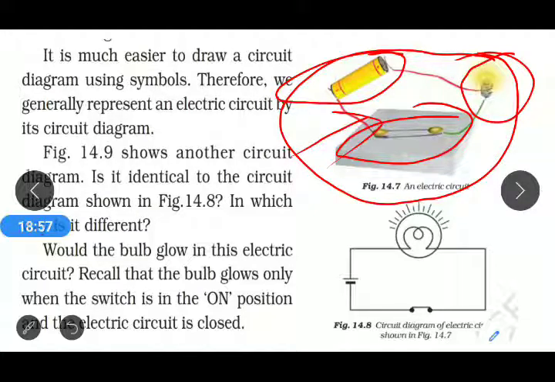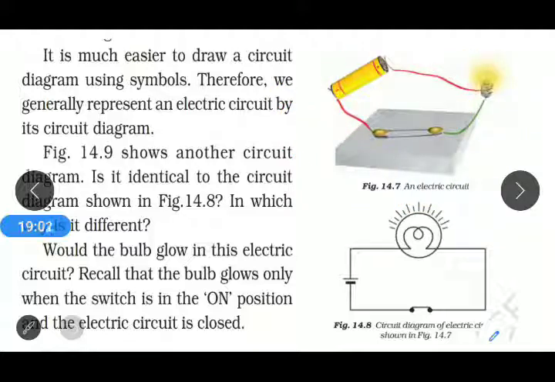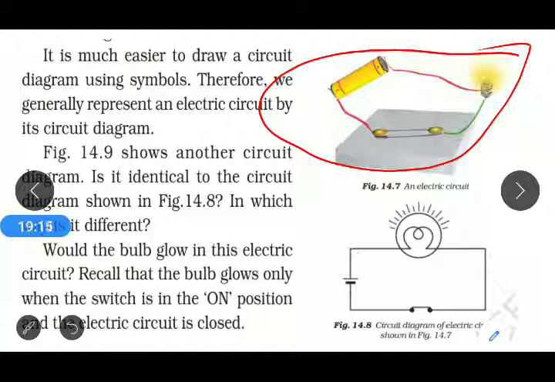That means these are the basic requirements to form an electrical circuit. Now we want to make the circuit in such a way that we can represent all these electrical components by their symbols.